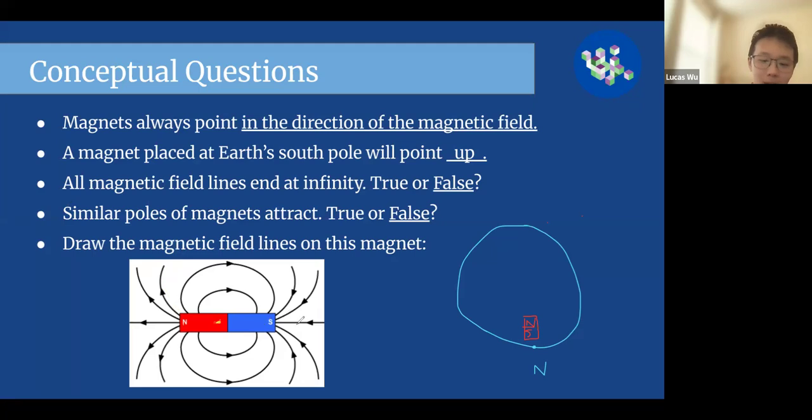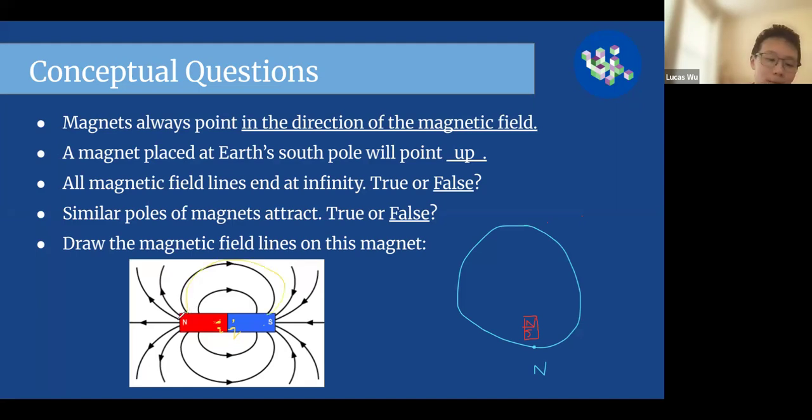North and south pole is as if you have a positive charge and a negative charge. But you'll see that there's no such thing as an isolated magnetic charge. It's a bit hand wavy right now, but basically the field lines will look like what it looks like on the diagram.